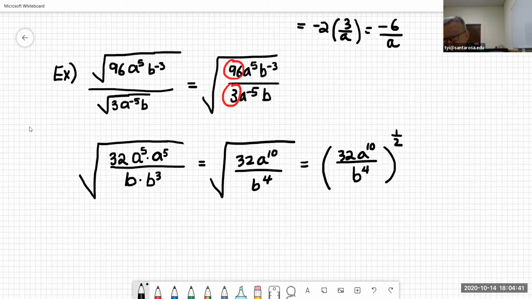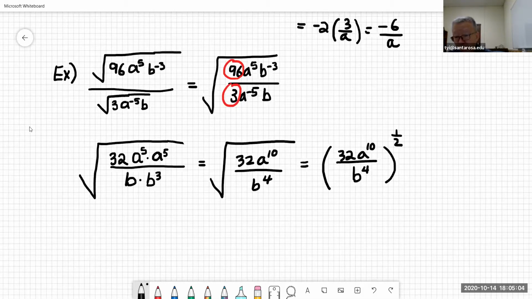But the thing here is that when you do it this way, inside the radical, you're going to have to remember that this is a square root. So you want to have exponents that are factors of 2, like 2, 4, like 8, 10, and things like that. So that's the one thing that you're going to have to remember.